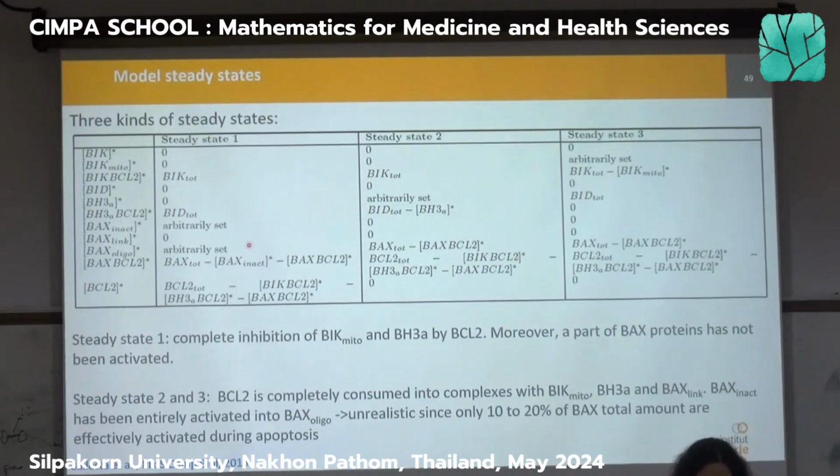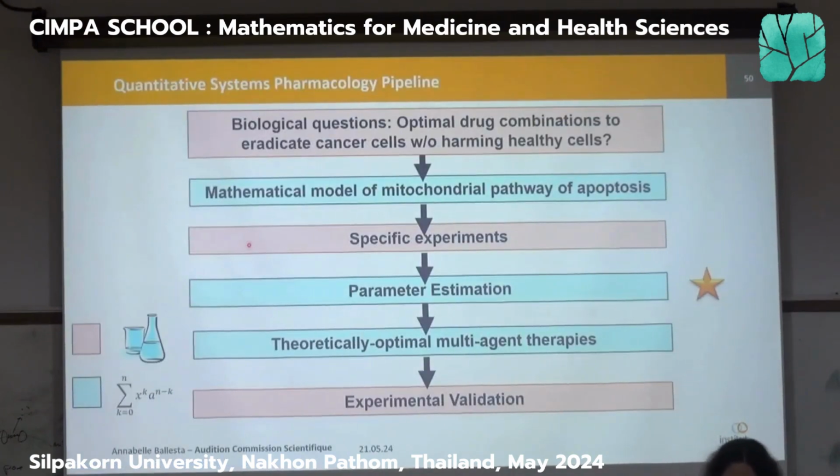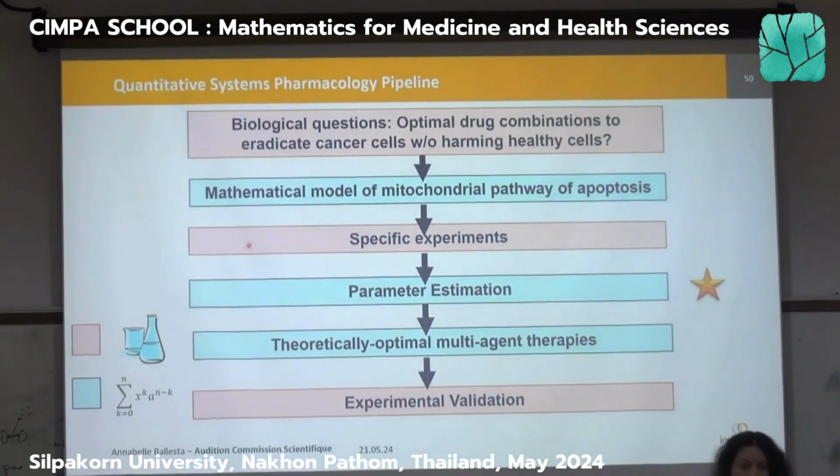Hence, we are more interested in the dynamics before reaching the steady state. So this is what we are going to do now. We are not going to steady state. Okay, so this is it for model design.